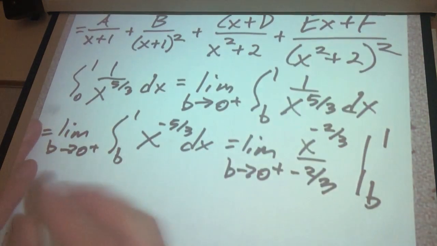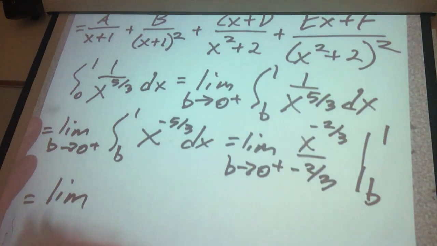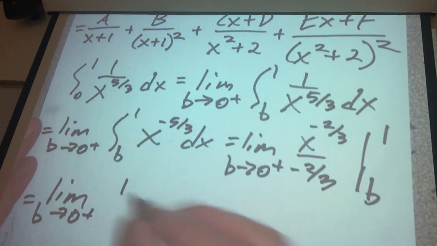Right? And so that would equal the limit as b tends towards 0 from the right, and I'm going to phrase this in a slightly different way. So 1 to the negative 2 divided by 3 is 1, all right?